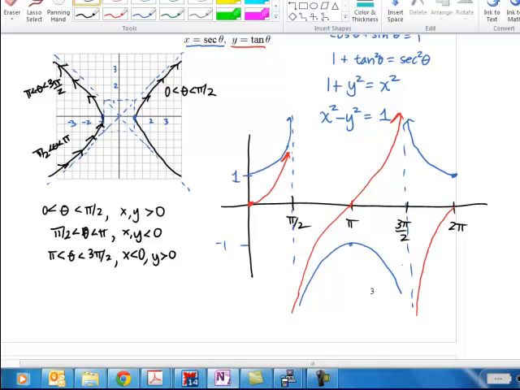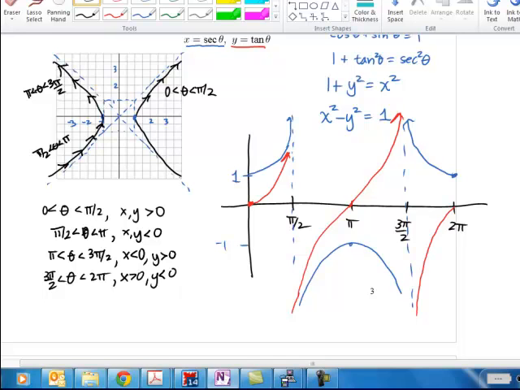And then the last branch for theta between 3 pi over 2 and 2 pi. We can see the x, which is tracked by this blue line, is positive, and the y is negative. Right, so that means we're down over here.